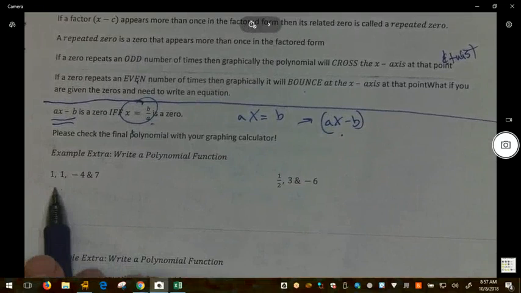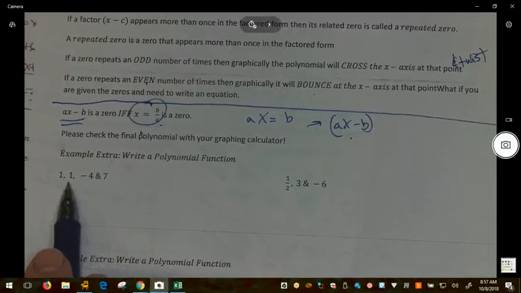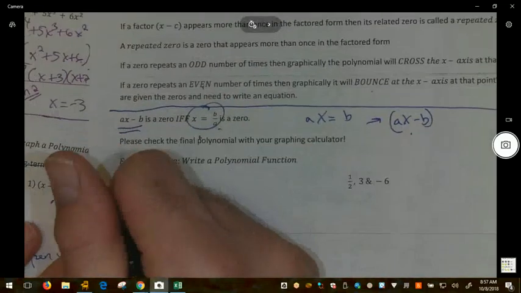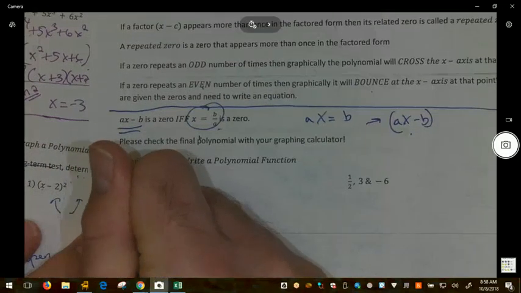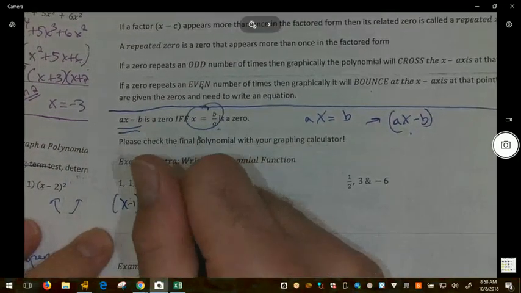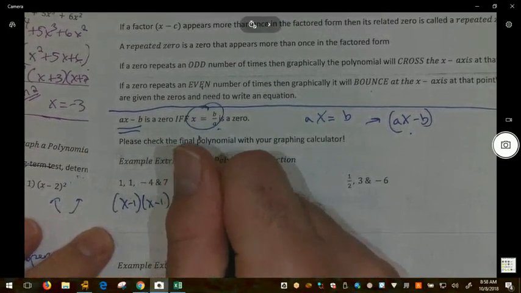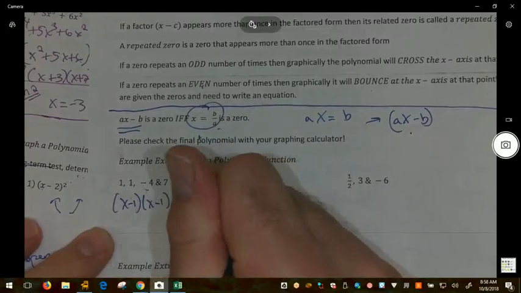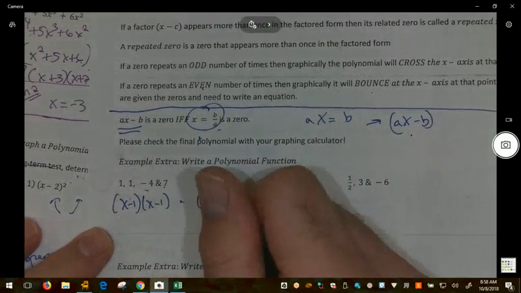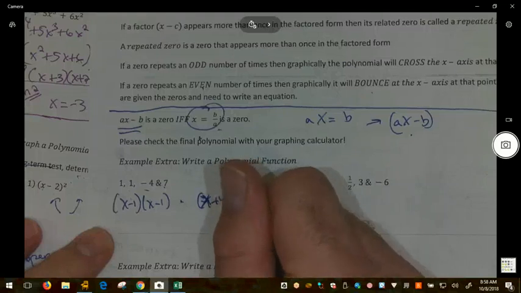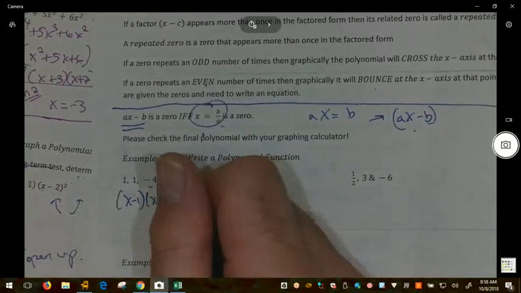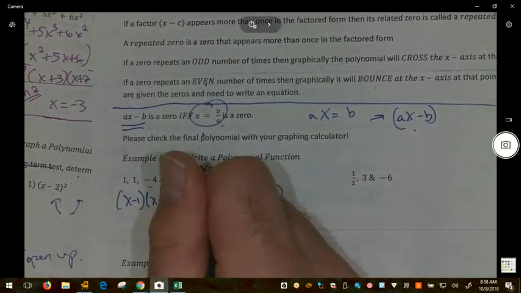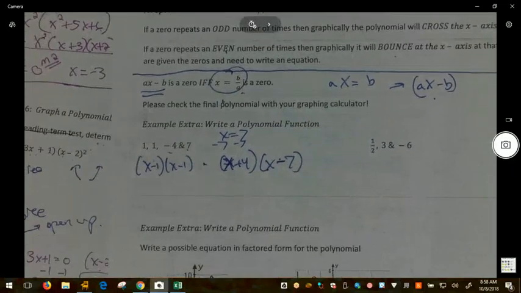So if these are all the zeros, and one has multiplicity of 2, then I have x minus 1 times x minus 1 times x plus 4, because I'm going to add 4 to get it into the factor, times x minus 7. Now for you, you may want to write x equals 7 and then subtract to make sure you get the right sign.